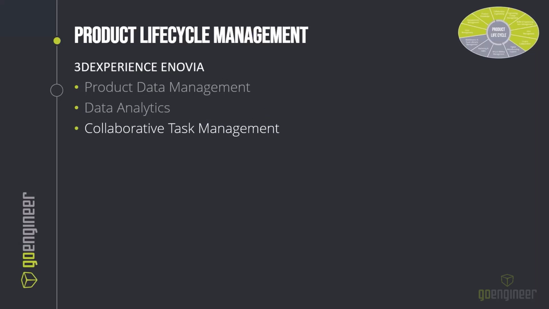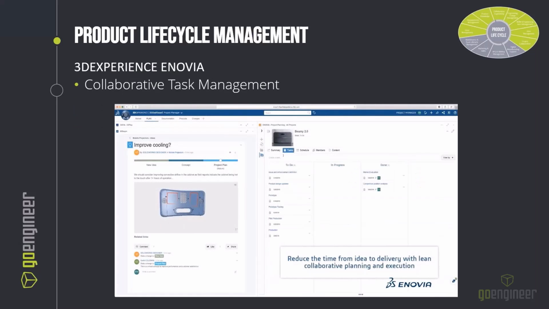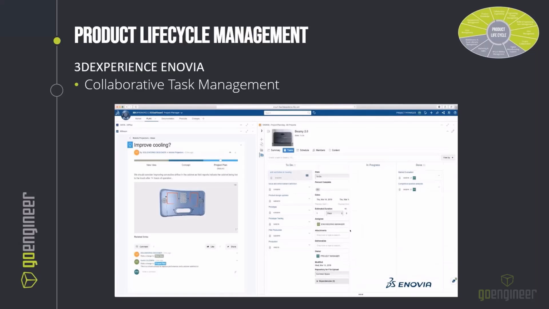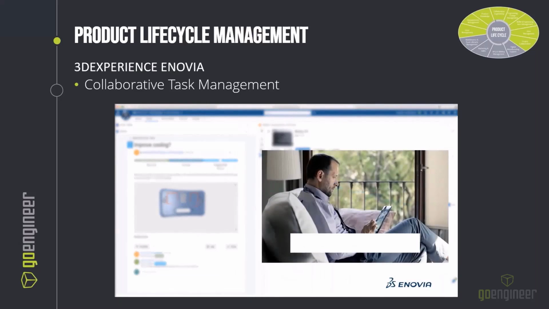And now the processing of information is critical to on-time completion. So with the 3DEXPERIENCE, you can connect your team's tasks together for collaborative planning and execution. Users can assign tasks that need to be complete and attach the source CAD data, not a copy of the data, but a link directly to the correct files.